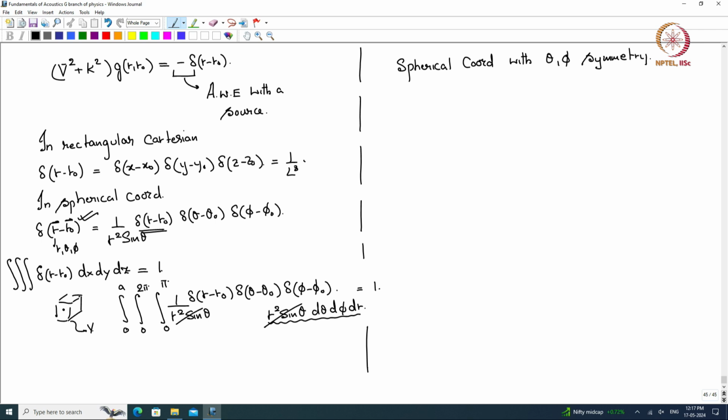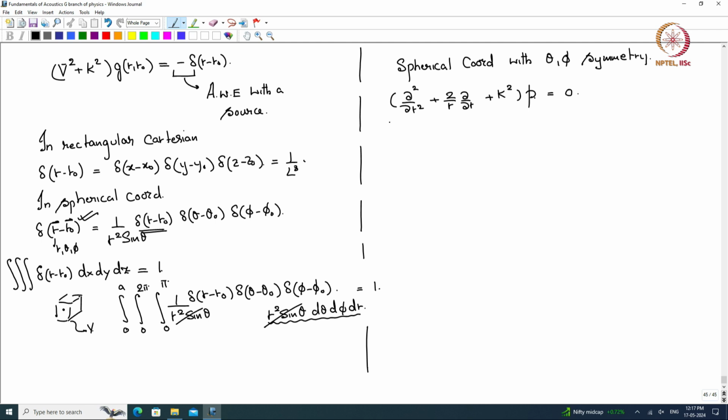The particular del square with θ φ symmetry looks like ∂²/∂r² plus 2/r ∂/∂r plus k², let us say p, is equal to 0. The θ φ terms are not there because it has θ and φ symmetry.